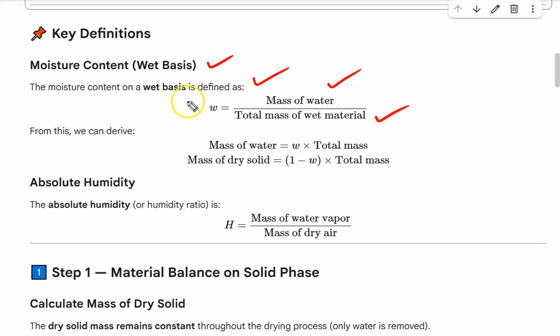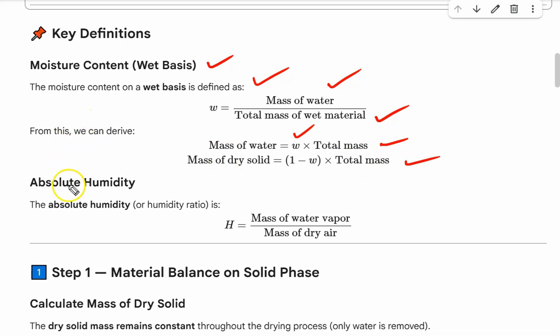This is the wet basis moisture content. From this we can write mass of water equals W times total mass, just cross multiplication, and mass of dry solid will be 1 minus W times total mass.